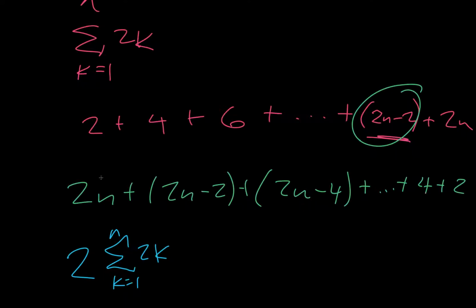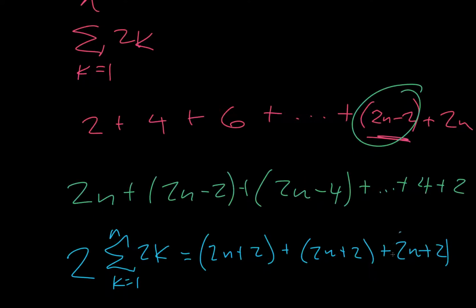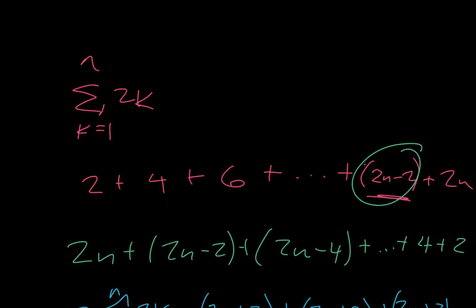And then if we add these ones, we get 2n plus 2. If we add these ones, we get 2n plus 2. If we add these ones, we get 2n plus 2. So let me just explain this a little bit better.